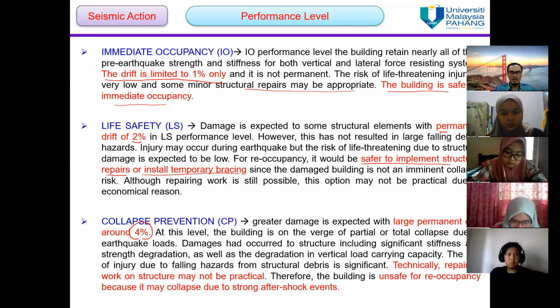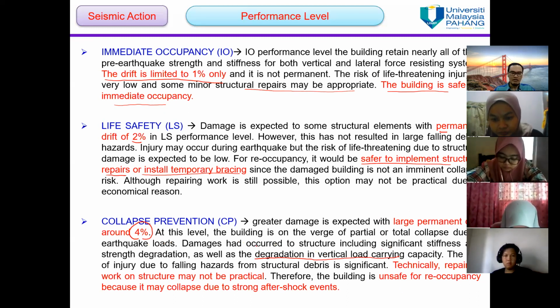Okay, you can read here what happens at this level, where the structure will be exposed to significant stiffness and strength degradations, as well as degradations in the vertical load carrying capacity.